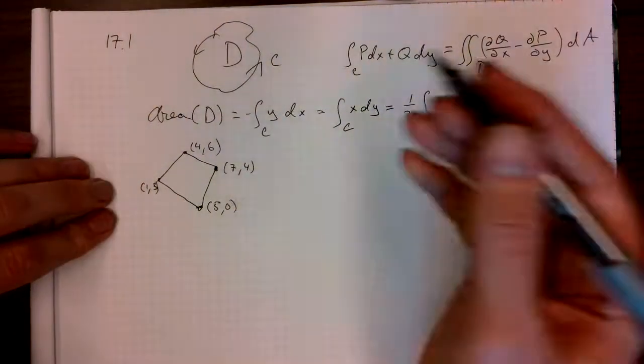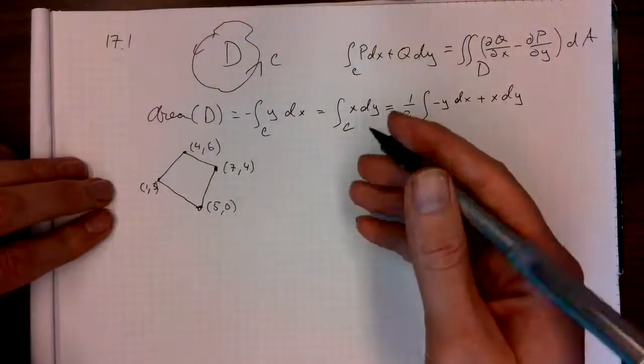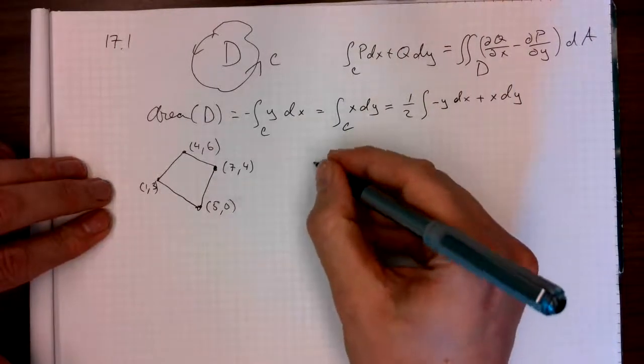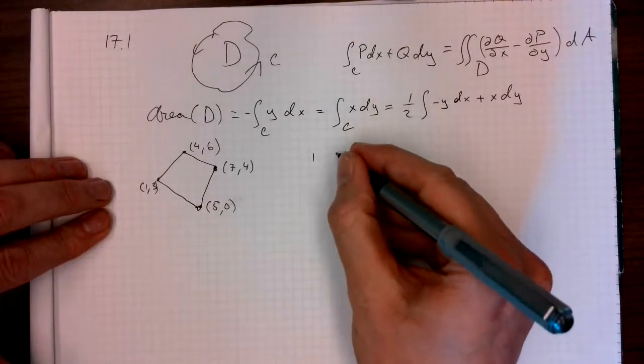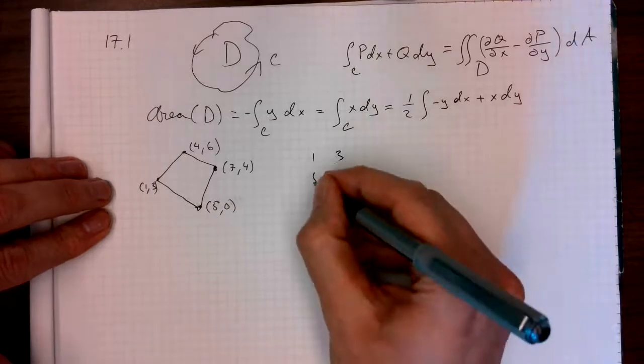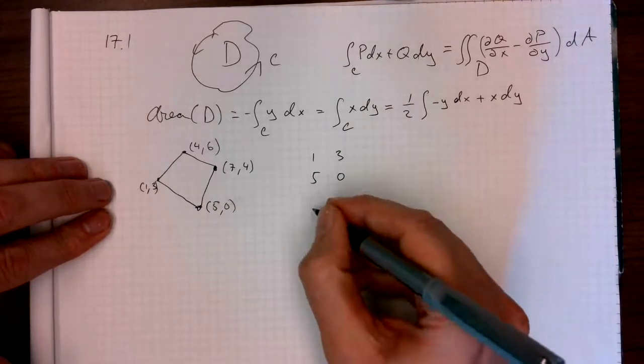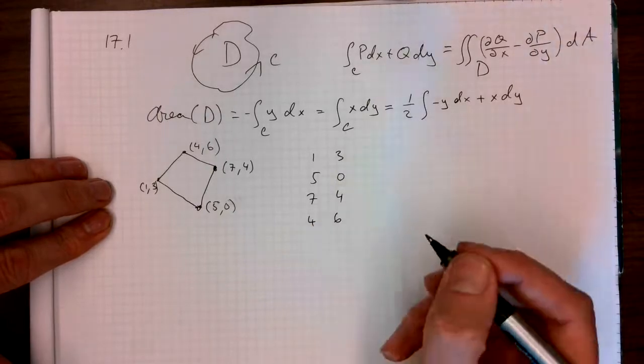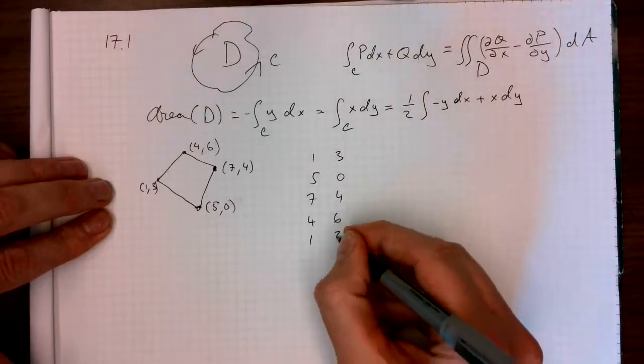I claim you can compute the area by writing down the coordinates 1, 3, 5, 0, 7, 4, 4, 6, and now we go back to 1, 3.